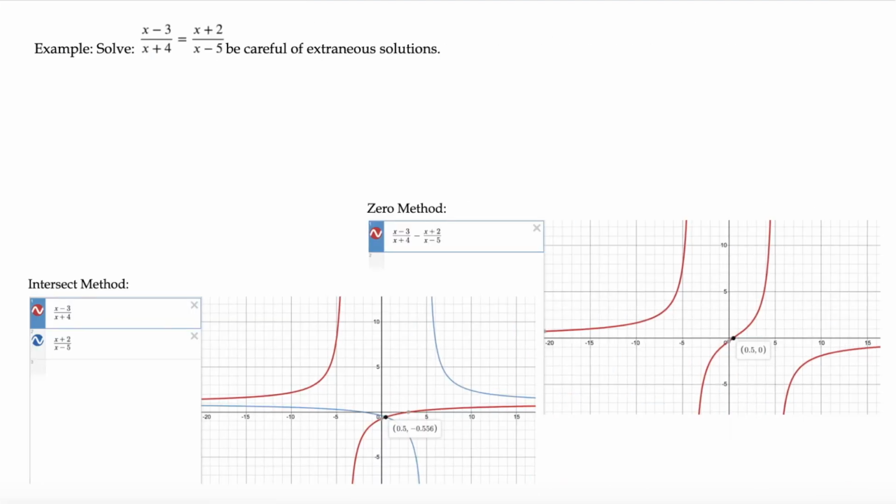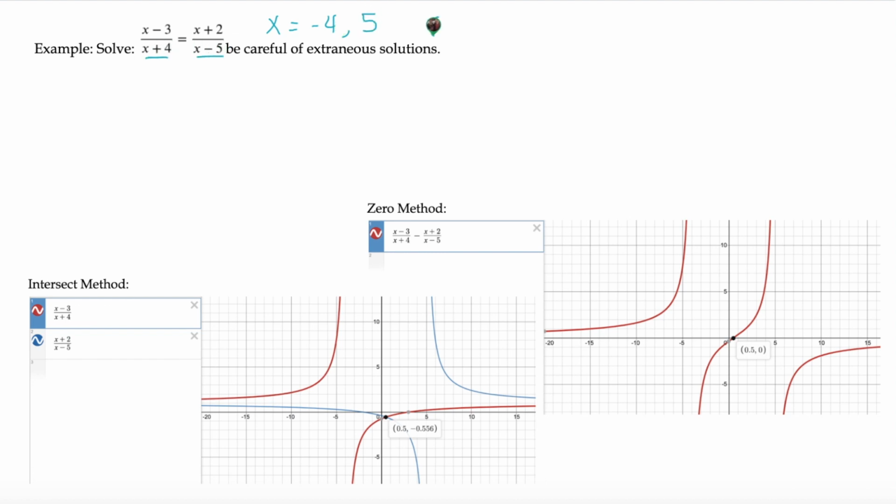Let's try another example. Here I have x minus 3 over x plus 4 is equal to x plus 2 over x minus 5. We have some extraneous solutions we have to be careful for. We have to be careful when x cannot be -4 and it cannot be 5 because of our denominators.